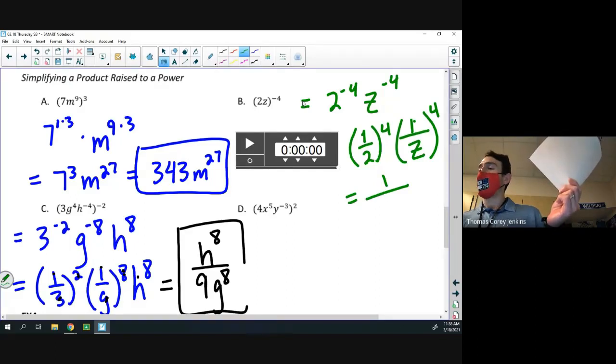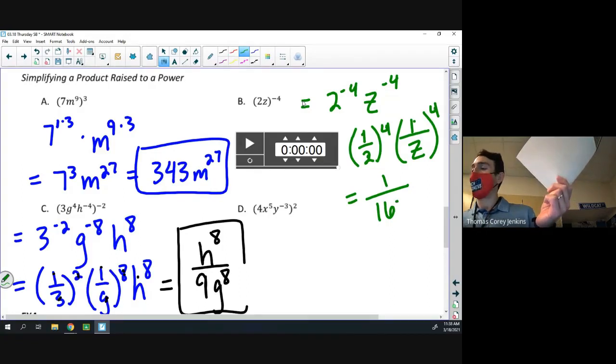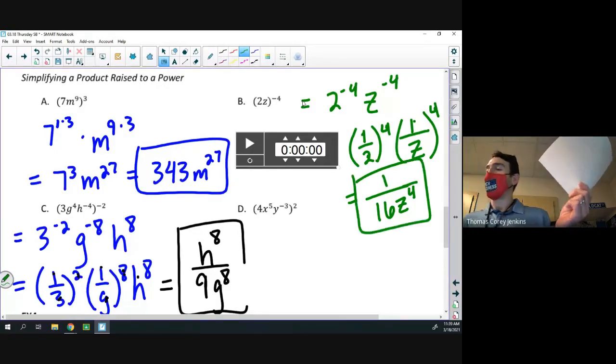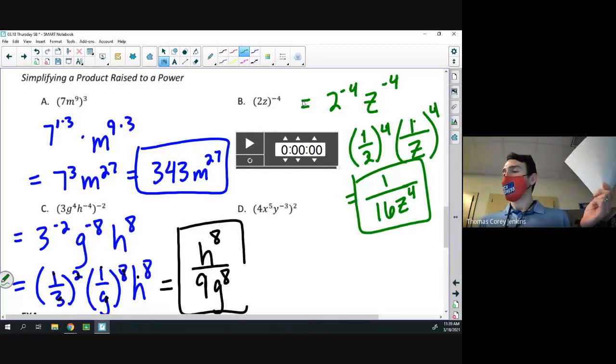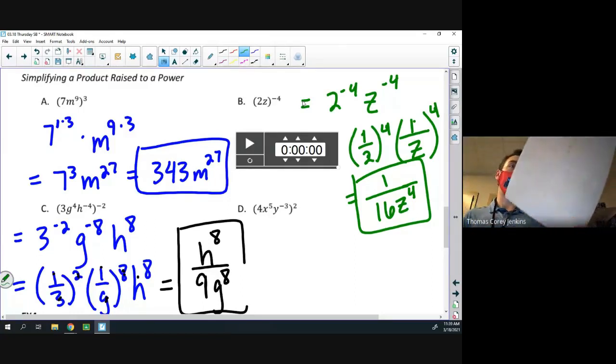My denominator is going to be whatever 2 to the 4th is. That's 16. Just use your calculator for that. And then z to the 4th is also in my denominator. So 16 times z to the 4th would make up my denominator. Okay? Very nice job there, Grant.